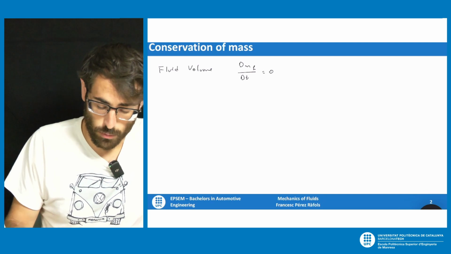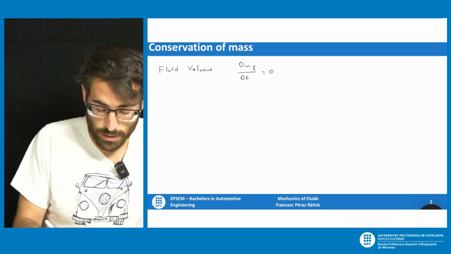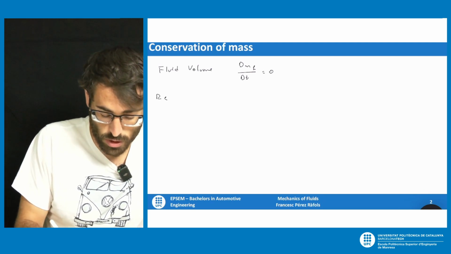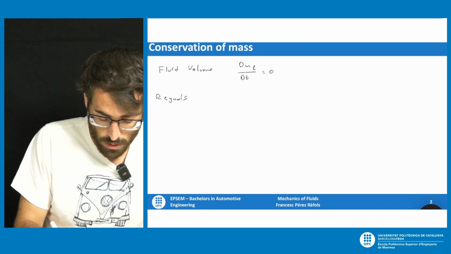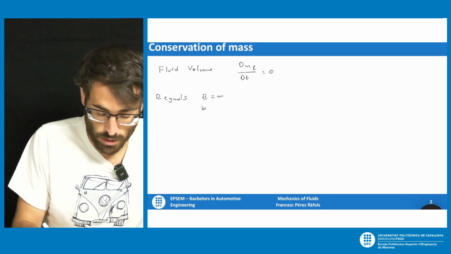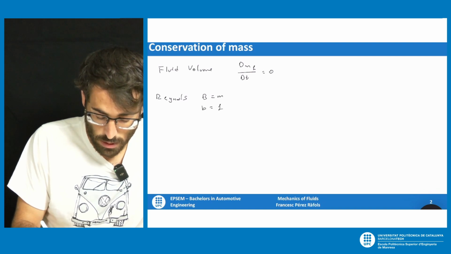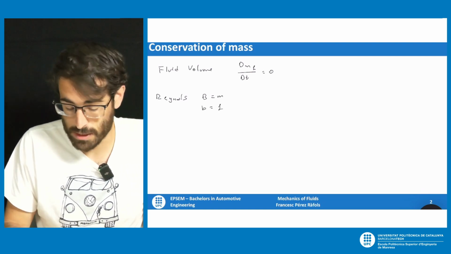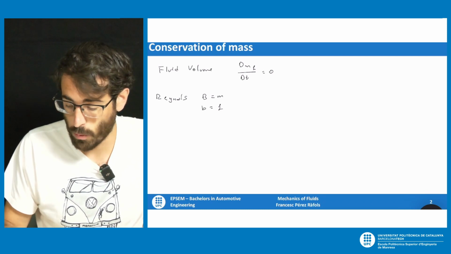And therefore, we're now going to use Reynolds transport theorem. We take as our extensive property the mass, and as our intensive property the specific mass, or mass divided by mass, so simply 1.